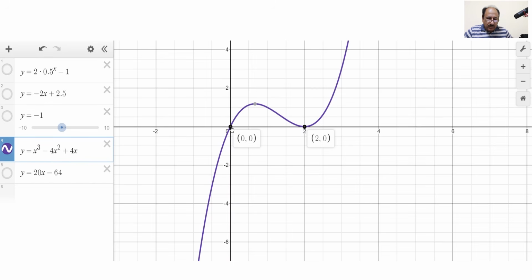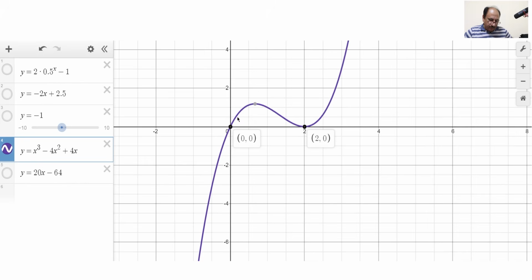This is 0, 0, which is another x-intercept. So two solutions, and this is basically the maximum point, which is minus 6.6, which is not required in this case. So this is basically the curve which we can practice on the net also. This will not be available during the exam, but before the exam you can practice this.